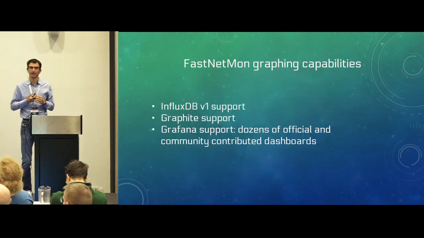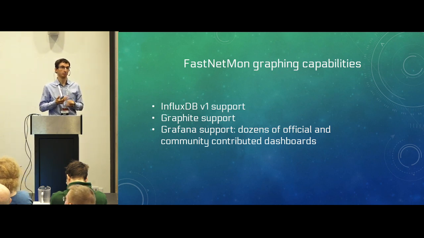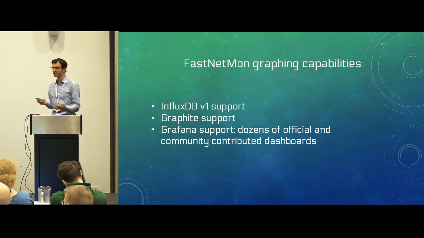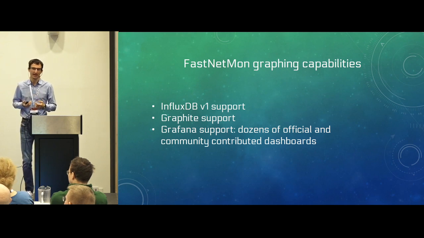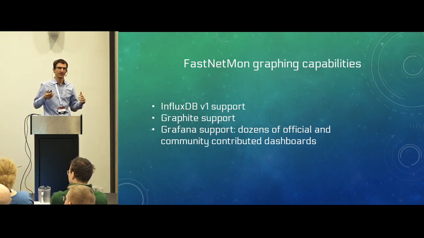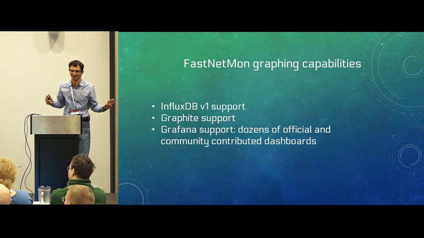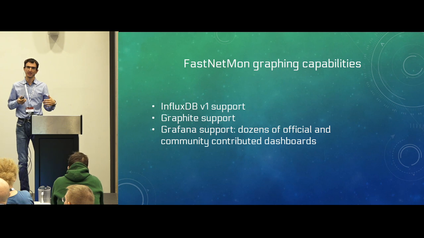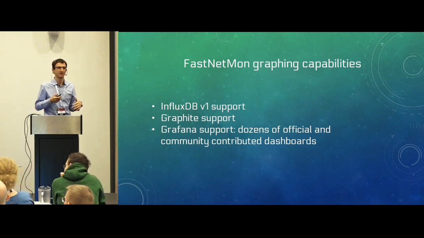How is it implemented? Under the hood, it's not a custom graphing tool. We use Grafana. Everyone uses Grafana. If you don't, please use Grafana. It's a kind of industry standard, and we are software engineers. Most of our people and teams have experience in backend engineering. And you don't want to see what kind of websites we can build. So that's why we rely on a well-known tool, and we just export information from FastNetMon into a variety of time series databases.